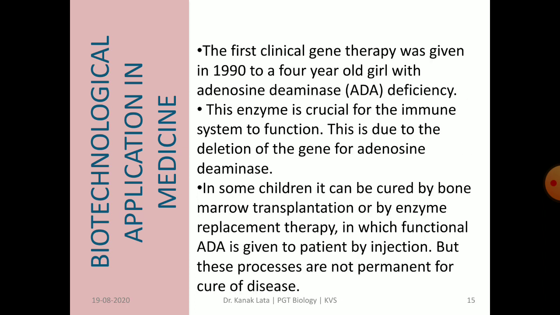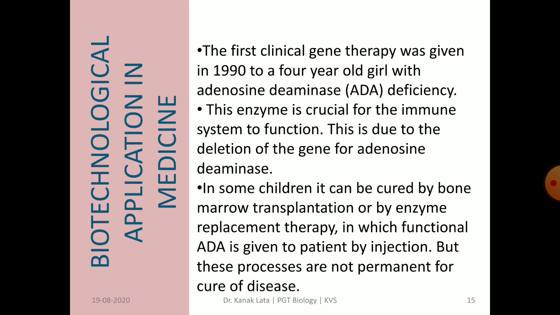The first clinical gene therapy was given in 1990 to a 4-year-old girl with adenosine deaminase, that is ADA deficiency. Adenosine deaminase is necessary for the immune system to function. ADA deficiency is due to deletion of the gene for adenosine deaminase.